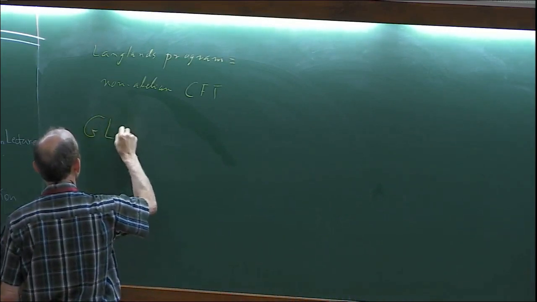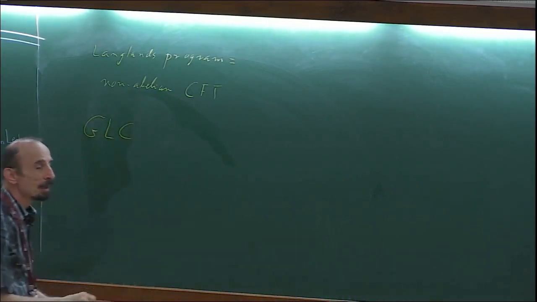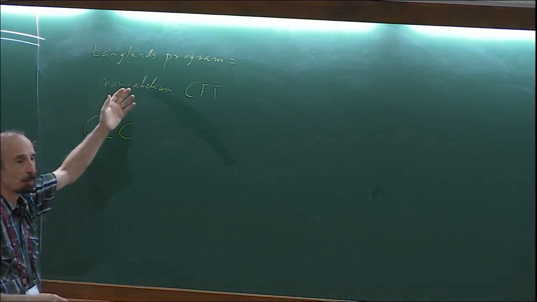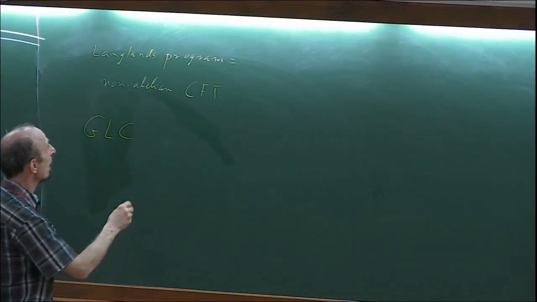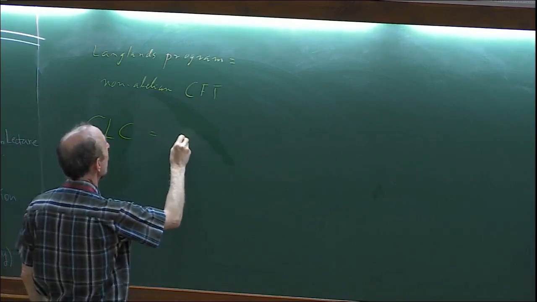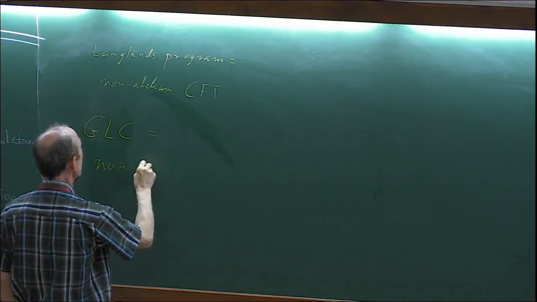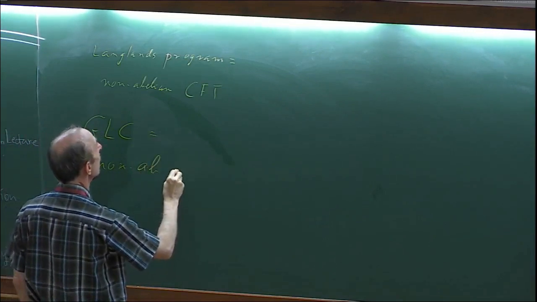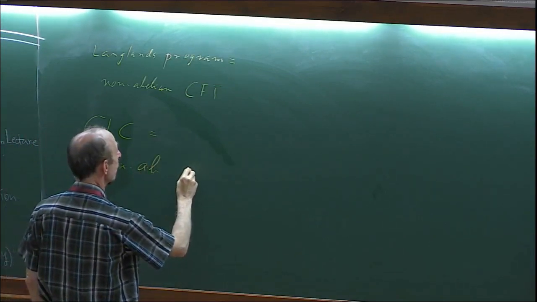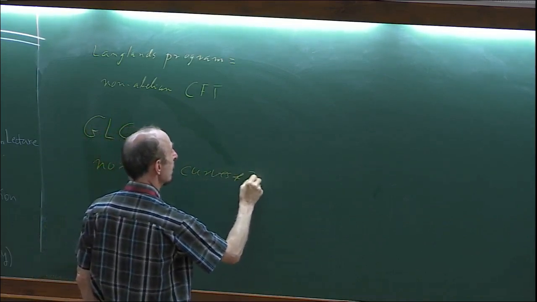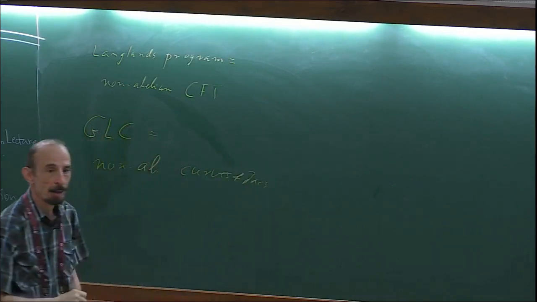The geometric Langlands conjecture is a geometric version of the Langlands program, the Langlands conjectures. And you can think of that as a non-abelian generalization of the theory of curves and their Jacobians.